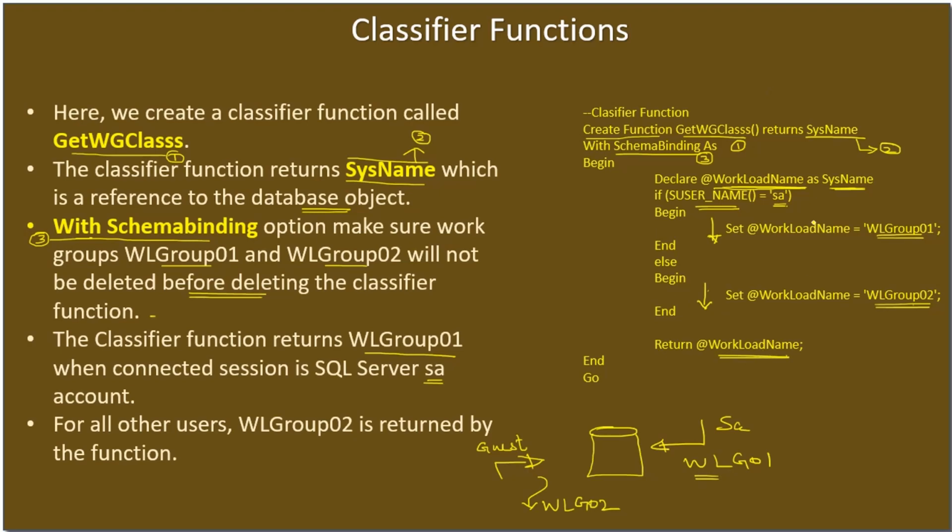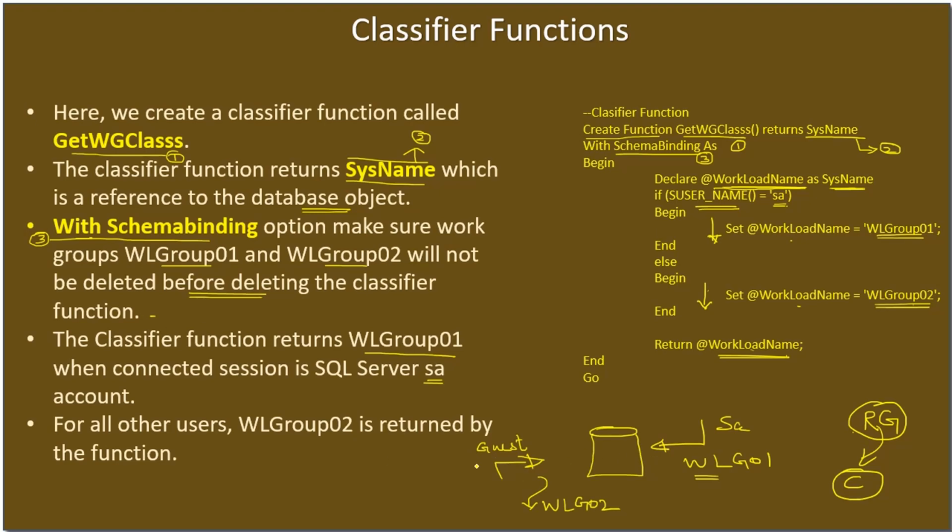You can see it returns the workload group name. Resource governor depends on this classifier function. When there is an incoming request, resource governor knows that the request should be assigned to a specific workload group. It gets the workload group from the classifier function and assigns it to the incoming request.